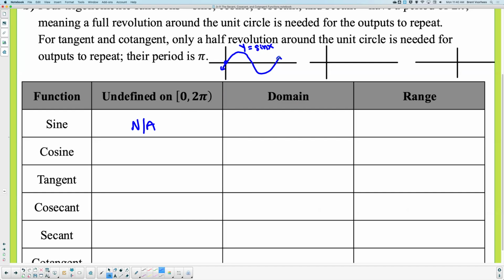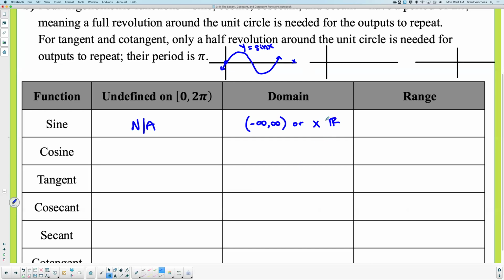Okay, domain. How far to the left would this wave travel? Negative infinity. How far to the right? Infinity. Perfect. You could write it that way, or you could do x ∈ R, however you wanted to write that. We're talking about domain, that's the x values. You could say x is any real number.